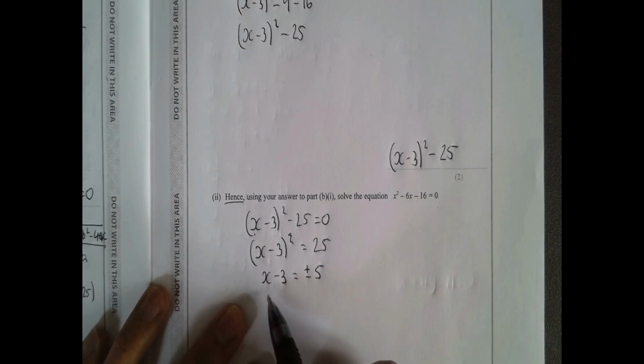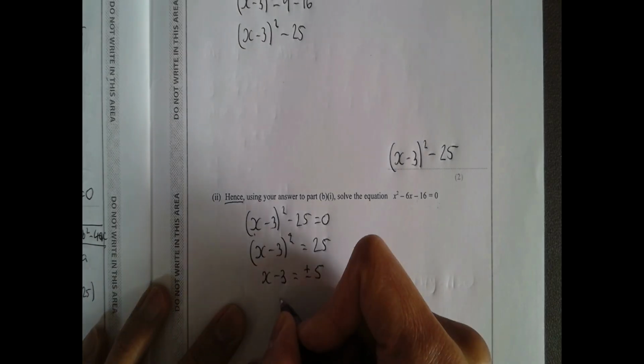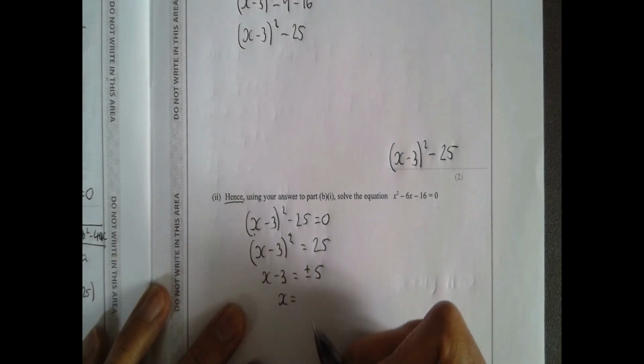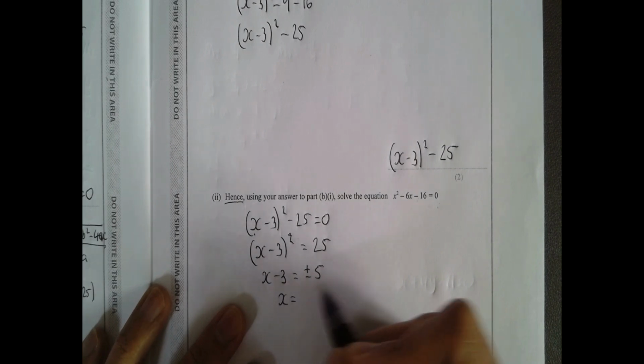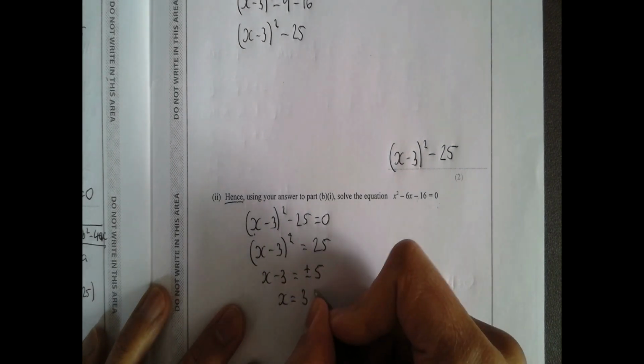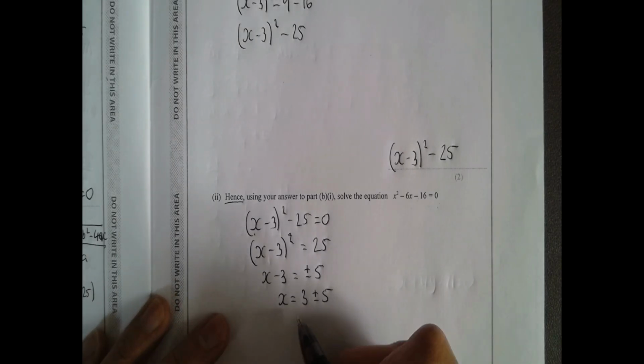I'm now going to work out what x is by adding 3 to both sides. So that tells me that x is equal to plus or minus 5 plus 3, but I could write it as 3 plus or minus 5. So I'm going to get two solutions here: once where I use the plus and once when I use the take away.